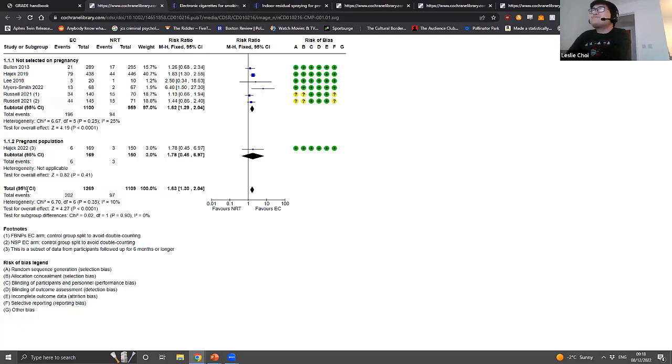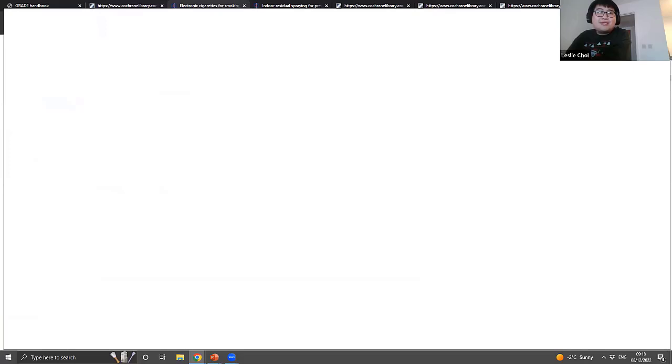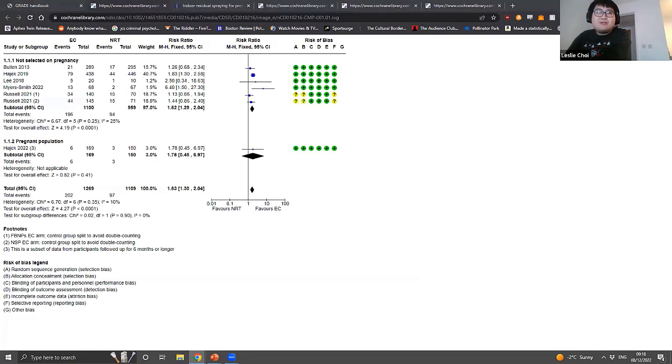I'm just going to remind myself of the outcome for this forest plot here. So this forest plot is looking at the outcome of smoking cessation at 6 months to 1 year. You've got 2 groups here, one selected on pregnancy and one not selected on a pregnant population.